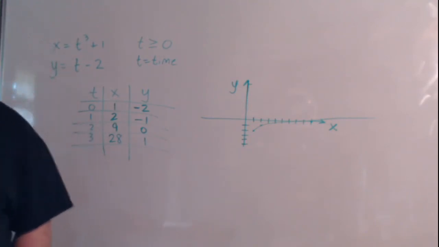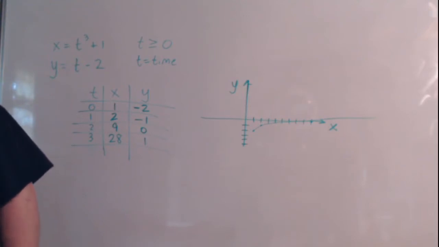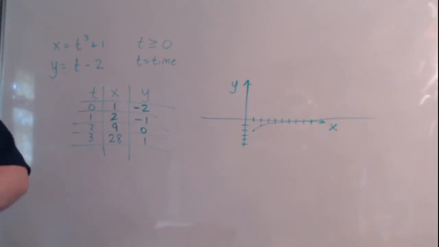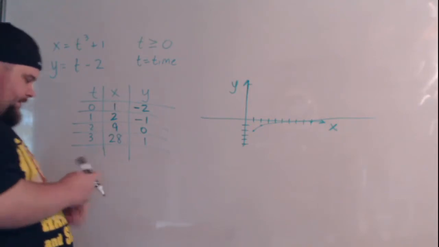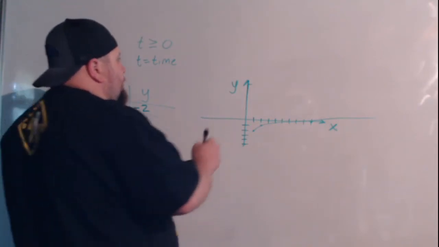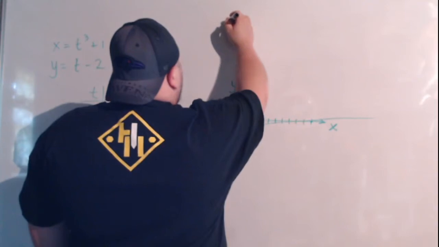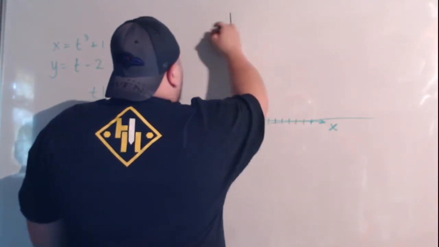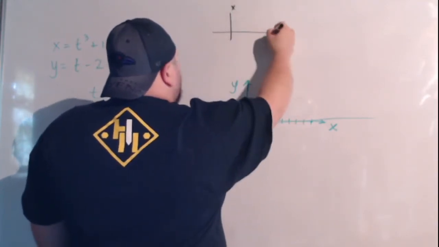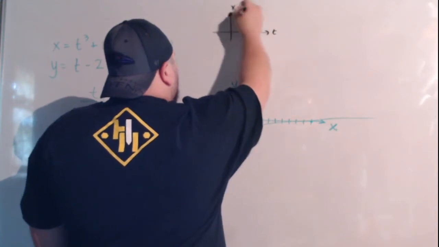One place you might recognize this from, and I'm looking around because I'm thinking I might have had an example in a textbook, but I don't see my book. A place where you would see something like this is in physics. You could have the x position versus time graph.